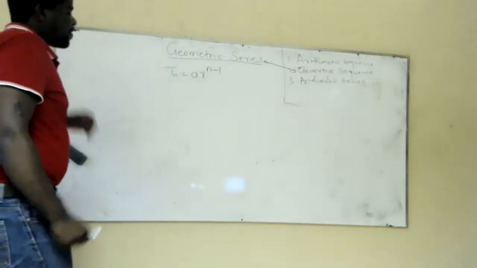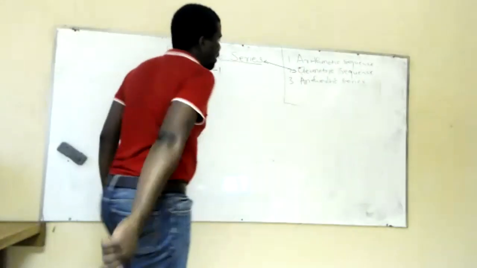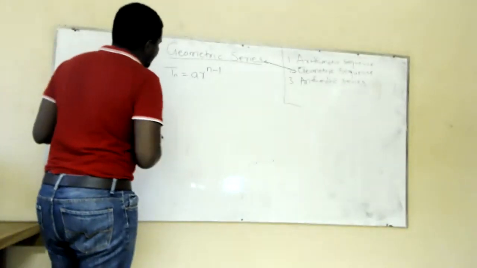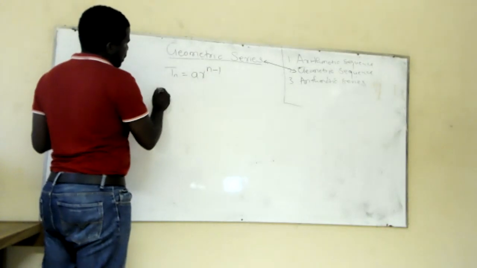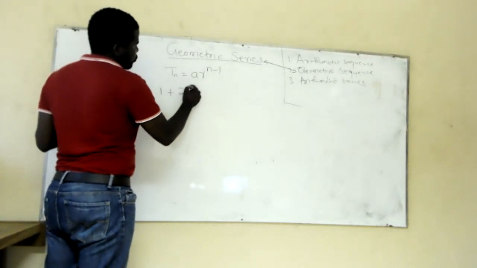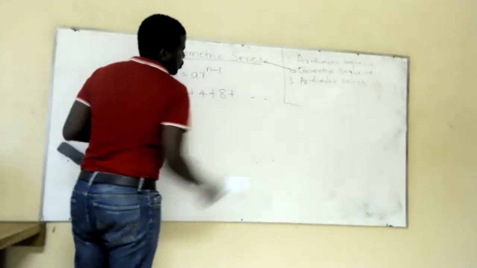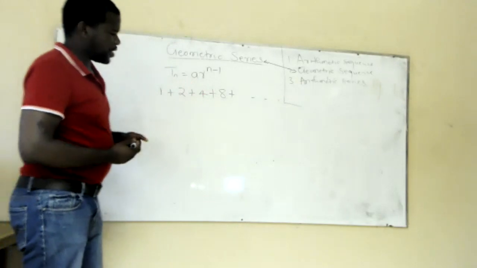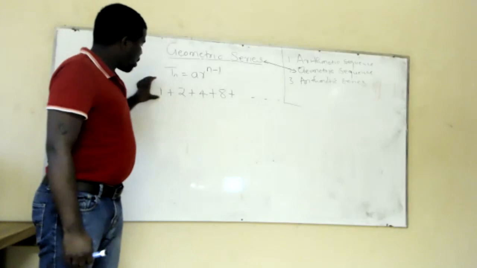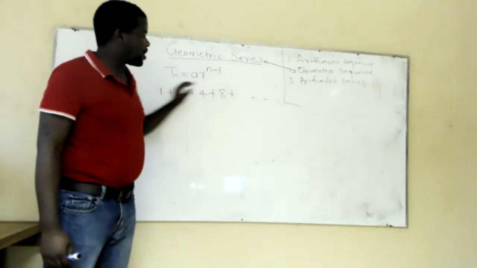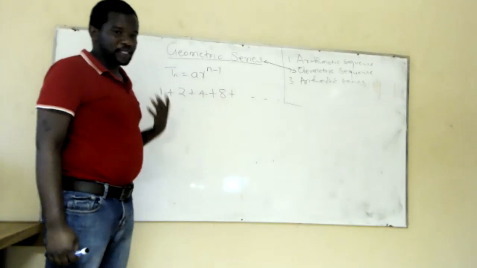So now let's just take an example like what I've done before with arithmetic series. Let's say we have a sequence given by 1 plus 2 plus 4 plus 8 plus dot dot dot. Now, the very first thing which must come into your mind is to be able to tell if the numbers or the pattern we are given there is a series or a sequence.